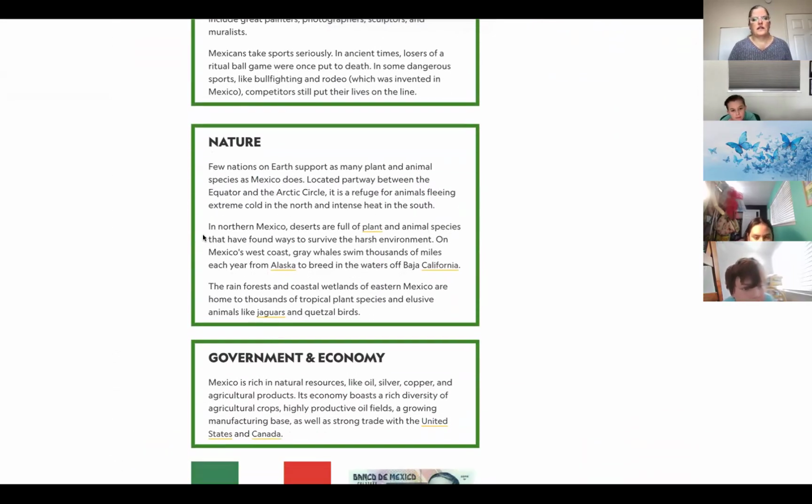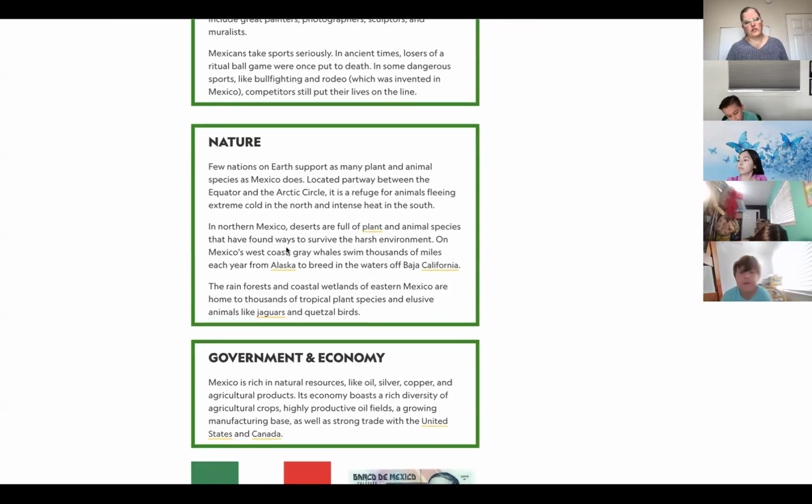All right, so these 3 paragraphs, you can find 3, 4, or 5 facts. Don't think about sentences. You're looking for facts. Like you see how it says few nations on earth support as many plant and animal species as Mexico does. That's not a good fact. Let's keep going. Located partway between the equator and the Arctic Circle, it is a refuge for animals fleeing extremely cold in the north and intense heat in the south.